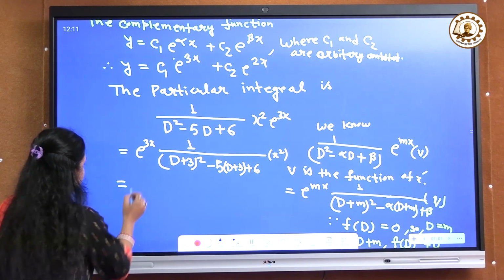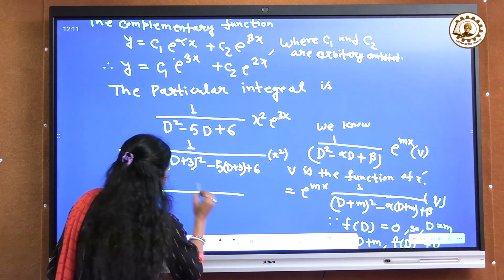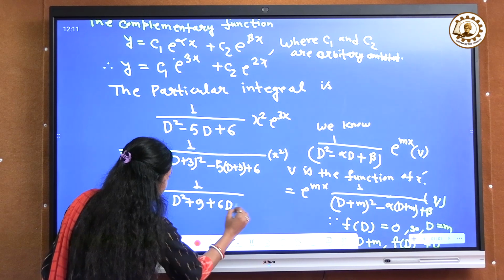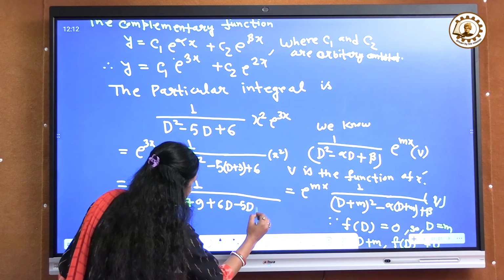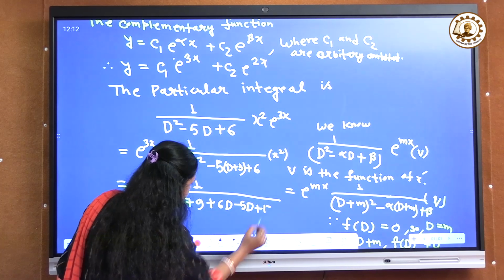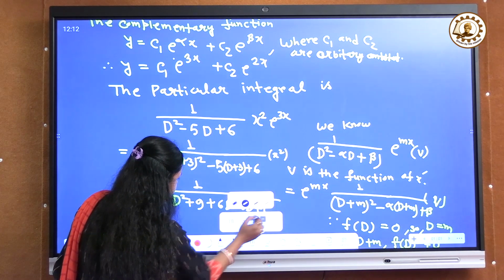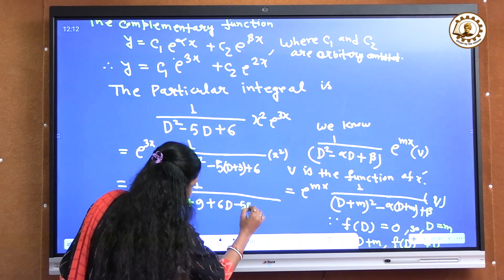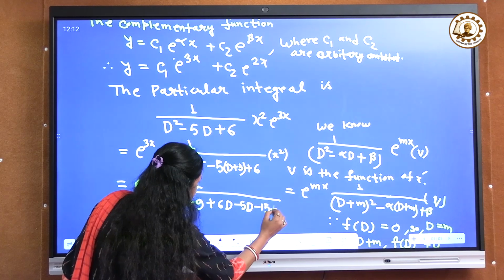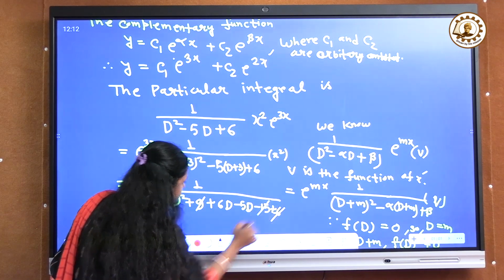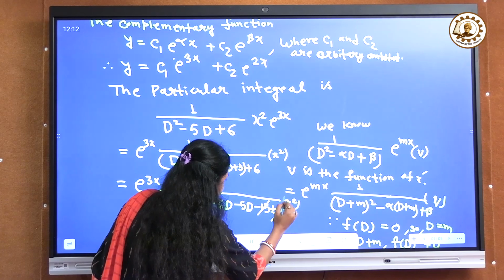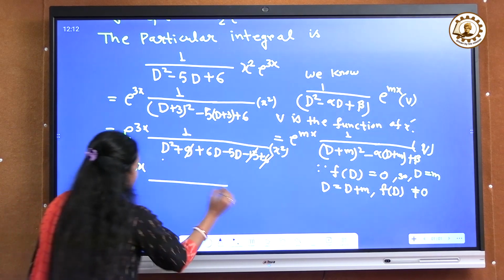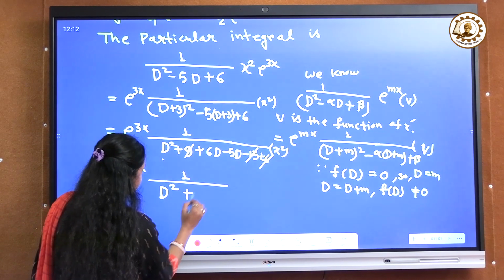Then we solve this particular integral: d square plus 9 plus 6d minus 5d minus 15 plus 6. Here we cancel out the constants, and we get e to the power 3x times 1 by (d square plus d) x square.